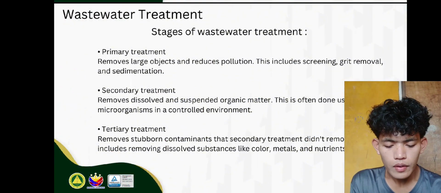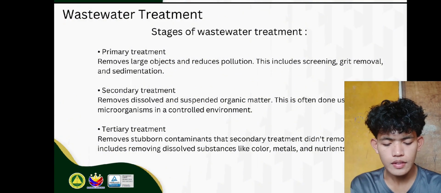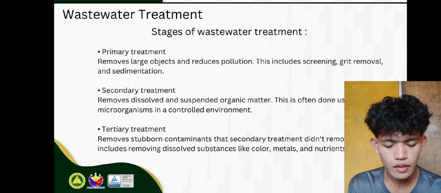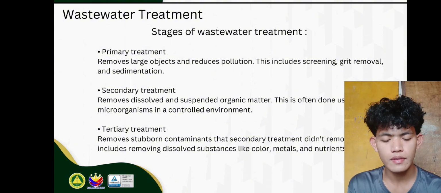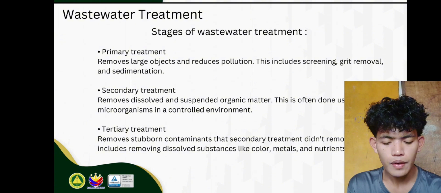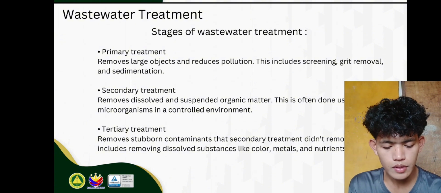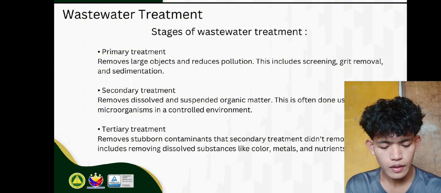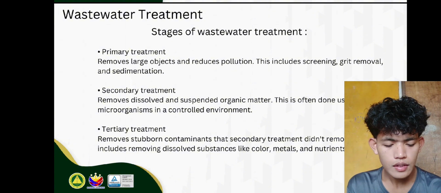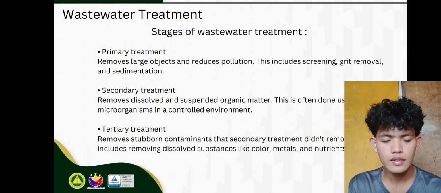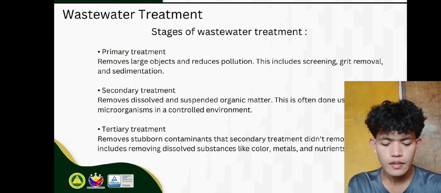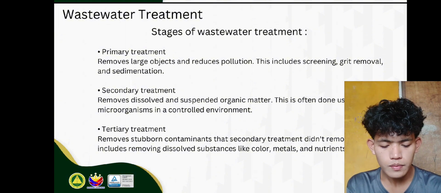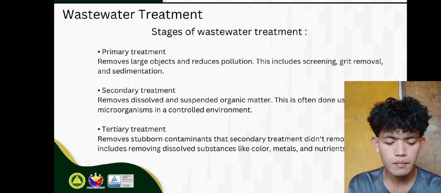And wastewater treatment. These are the stages of wastewater treatment: the primary treatment, secondary treatment, and tertiary treatment. Primary treatment removes large objects and reduces pollution. This includes screening, grit removal, and sedimentation. The secondary treatment removes dissolved and suspended organic matter.